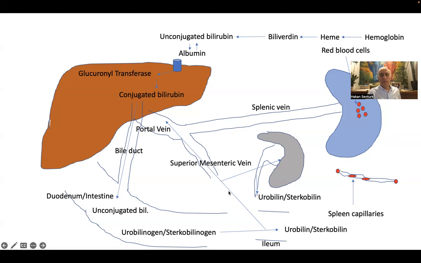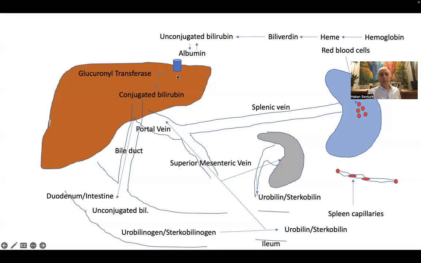Some urobilin and stercobilin in this process enter into circulation and are excreted by urine. And urine color is produced by this urobilin. This is the cycle of bilirubin.